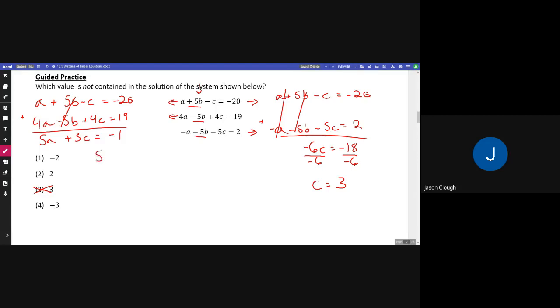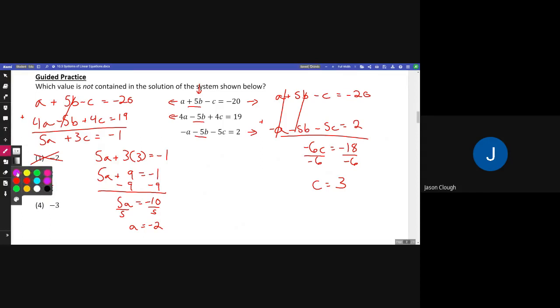Looking at this equation, I can plug in 5a plus 3, 5a plus 9 equals negative 1. Subtract the 9 over. We get 5a equals negative 10. Divide both sides by 5, and we get a equals negative 2. So 1 is now out of the running.